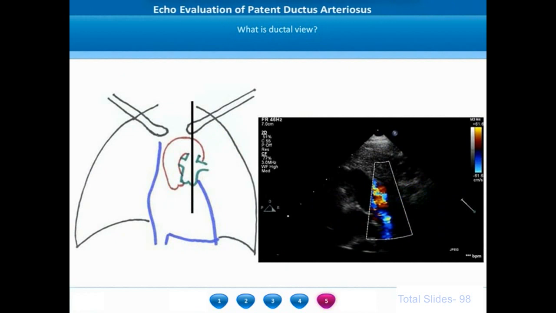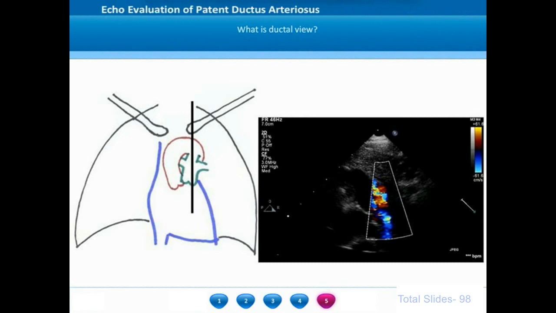When we talk about the ductal view, it is a modification from the parasternal long axis view. The ductus arteriosus has to be imaged by keeping the probe in a sagittal plane of the patient.